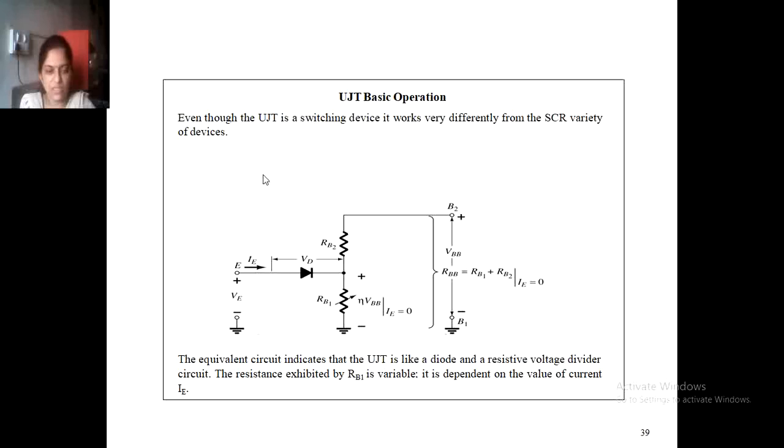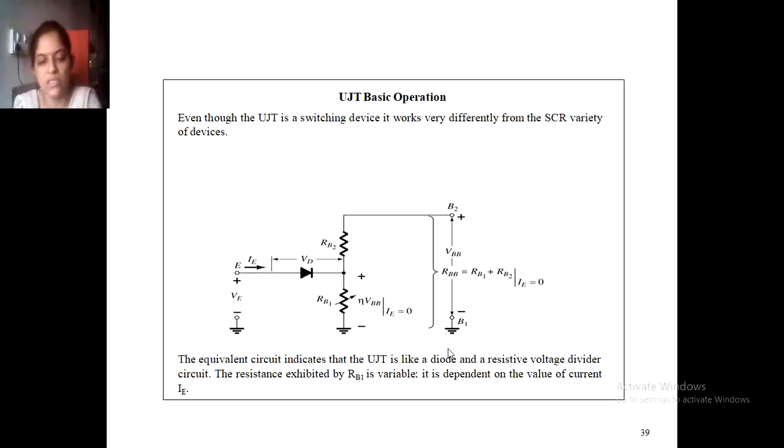The equivalent circuit indicates that the UJT is like a diode and a resistive voltage divider circuit.